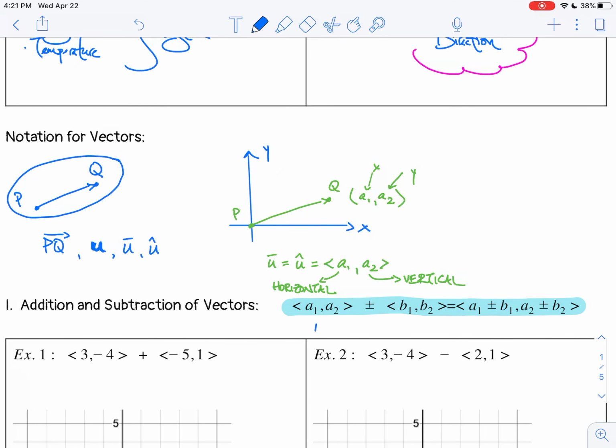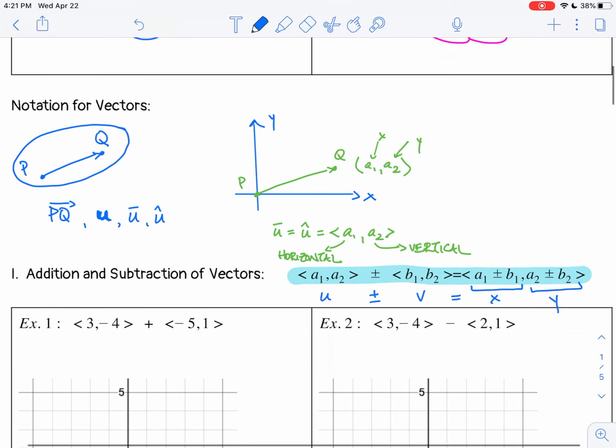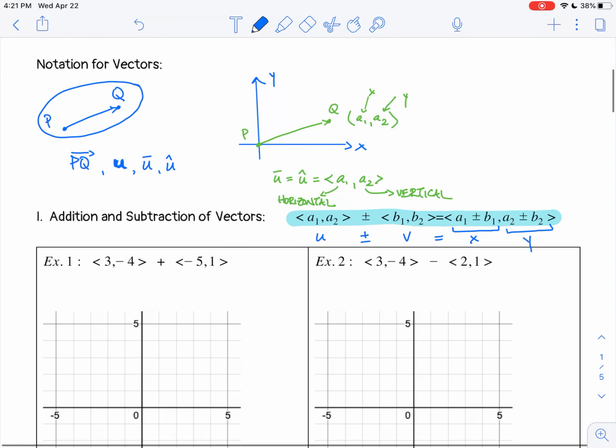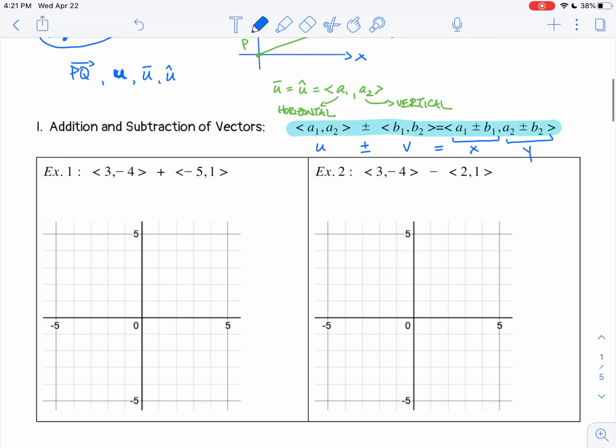All right, so this vector right here we could say is vector u. This one is vector v, and I could add them or I can subtract them. And that's just going to equal the x components from u and v, and then the y components from u and v.